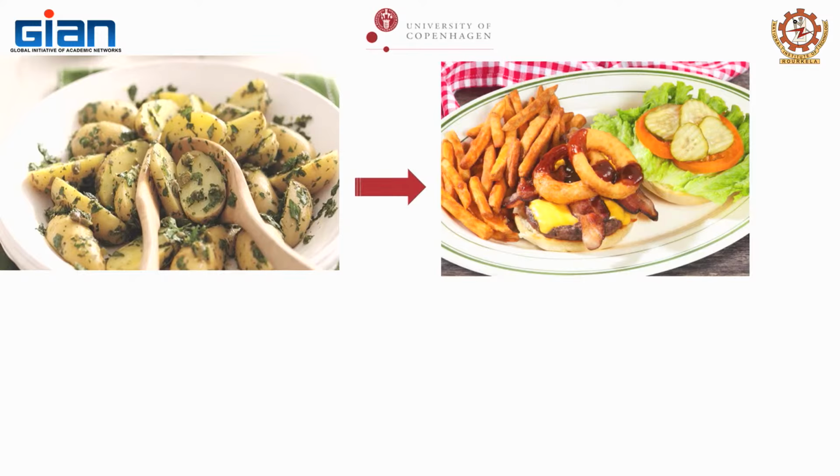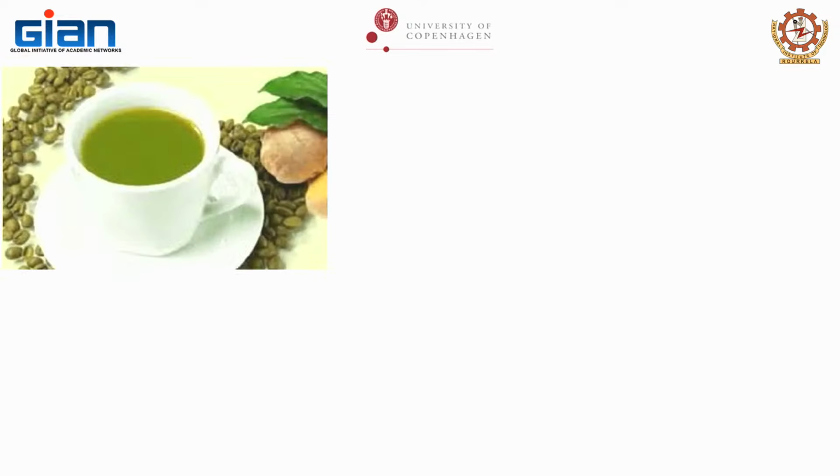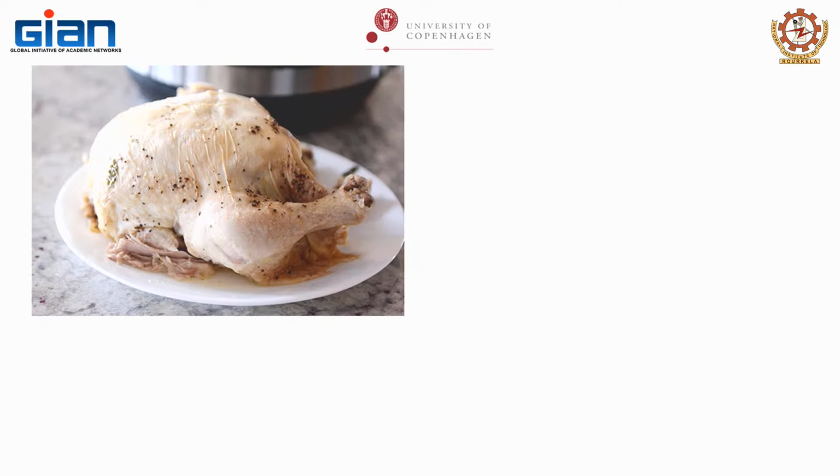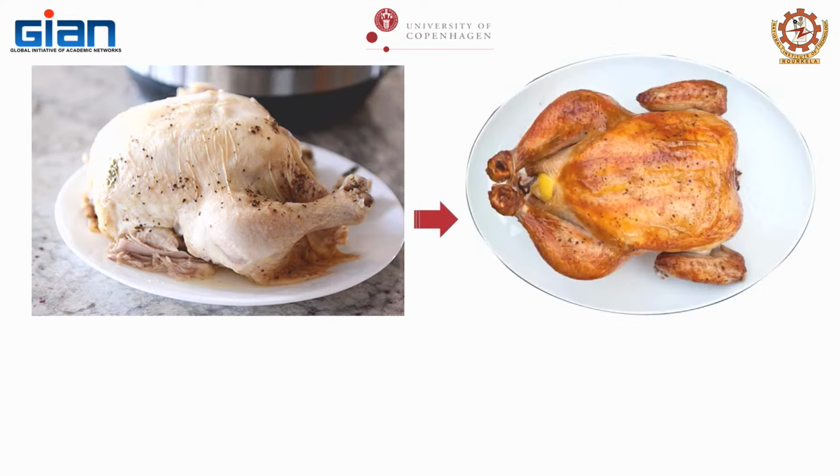Coffee, the green coffee is not good, but black coffee has a nice aroma. Now let's take my favorite, chicken. If you boil it, it has one taste. If you make a tandoori chicken, it has a different taste. Do you agree? The tandoori chicken has that crispiness, that redness, mouth watering.